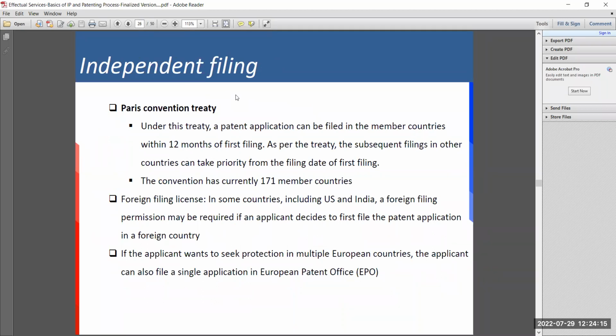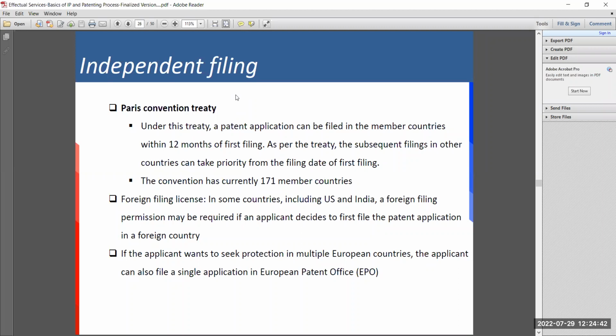This is about Indian patent filing, which I think most of you are aware of and we already discussed. If anyone wants to file not in India but in the US, and the invention is very good and they really want to go ahead with the US application, there are routes for that. You can go directly to the US via the Paris Convention route.